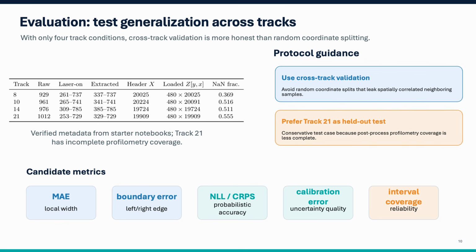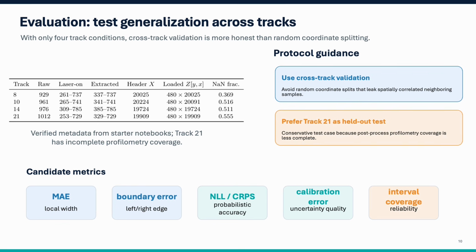Track 21 is a useful conservative held-out case because its profilometry coverage is less complete, which tests the robustness to imperfect post-process measurement. Possible evaluation metrics include mean absolute error for local width, boundary position error, log likelihood, or a continuous ranked probability score for the probabilistic predictions, calibration error, and uncertainty interval coverage.